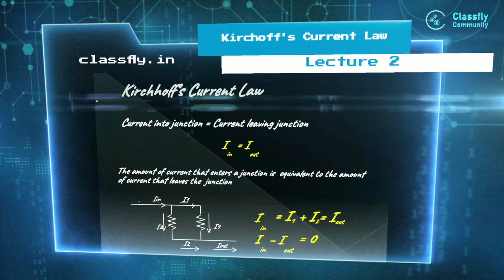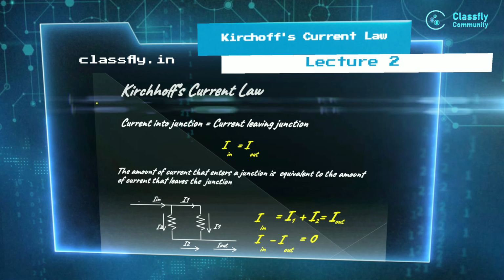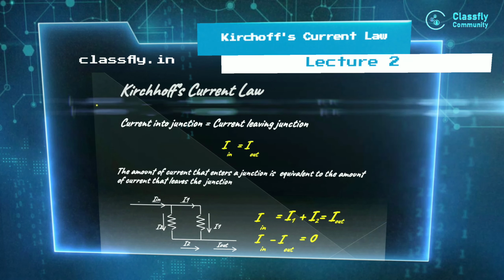It comes and meets at a point from where it has to leave the junction, right? If a train arrives, the train will leave to its destination. Similarly, if a current comes in, it has to go out. So I splits into two parts, I1 and I2, but leaves as one, as I out. So here we say that I in is equal to I1 plus I2, which is equal to I out. So I in minus I out is equal to 0.